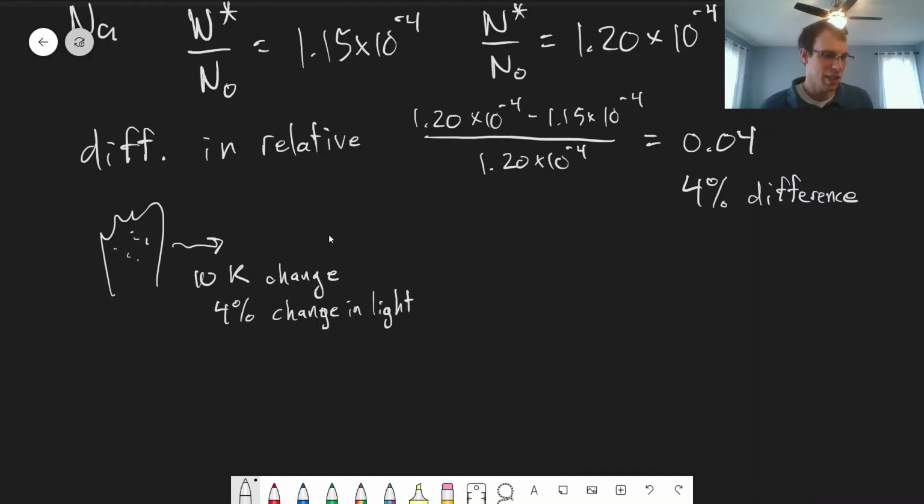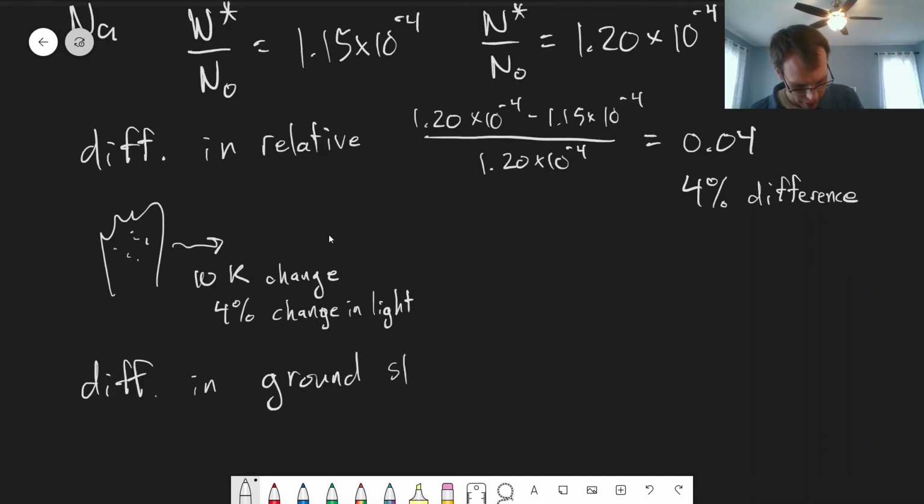What about the ground state? Let's imagine we only have two states, the ground state and the first excited state. This isn't true, there are other states as well. So the amount of molecules in the ground state is going to be 1 minus our fraction in the excited state.